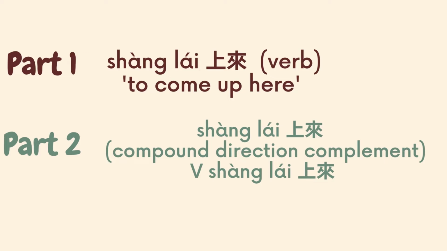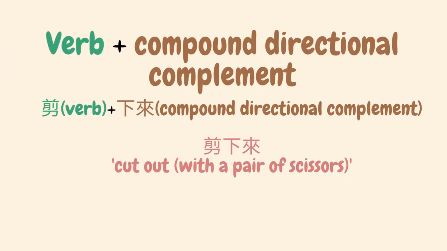However, in this video, part 2, the 2 characters 上来 are a compound direction complement rather than a verb. It is usually placed after a regular verb and makes the pattern V 上来. A compound direction complement can be used after a regular verb to show the verb's result or state.